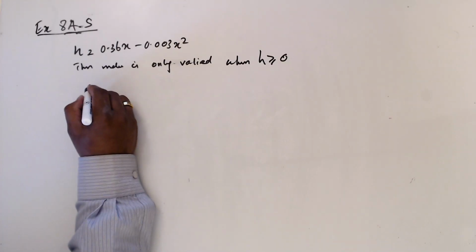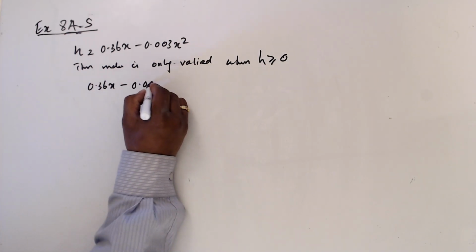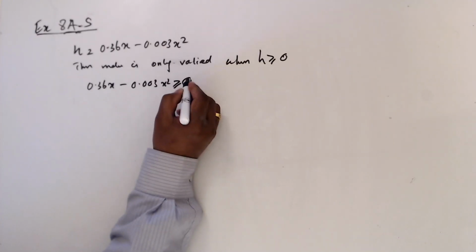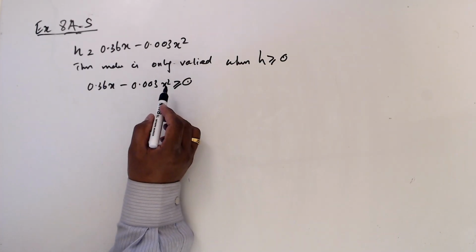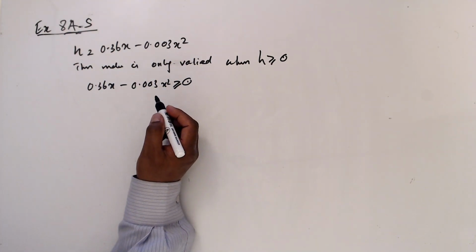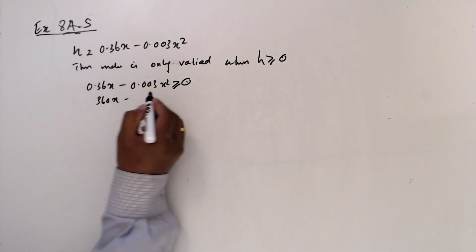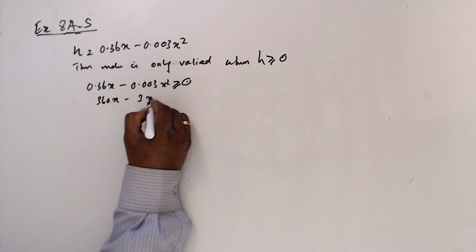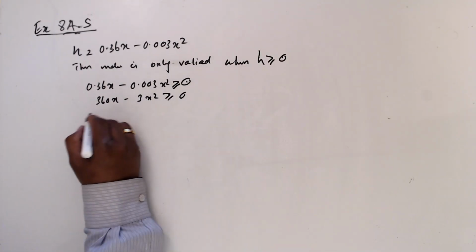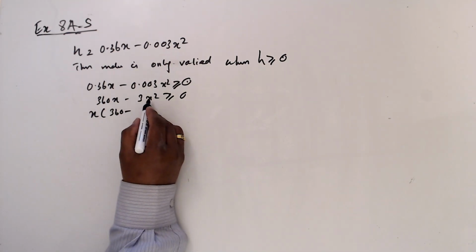It means 0.36x minus 0.003x square is greater than or equal to 0. If we multiply by 1000, I can see that 360x minus 3x square is greater than or equal to 0.